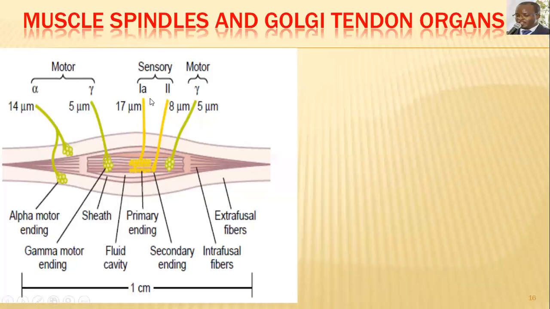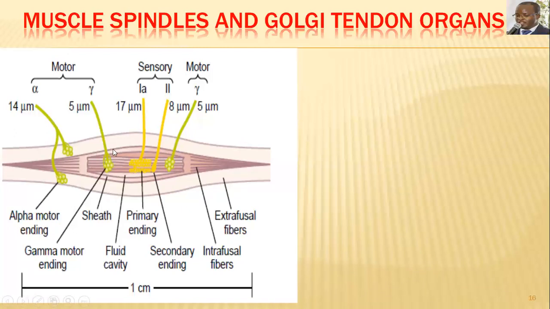Then we have the type 2, which are the same as the type A beta sensory nerve fibers. These are the ones innervating the intrafusal fibers. The type 1A are called the primary endings. These are sensory endings. Then type 2 are called the secondary endings. So you have two sensory innervations to the intrafusal fibers.